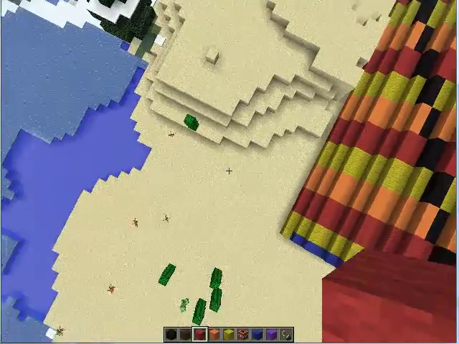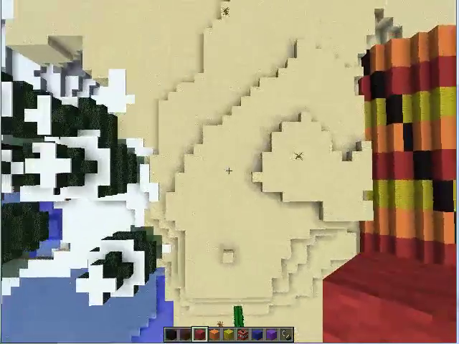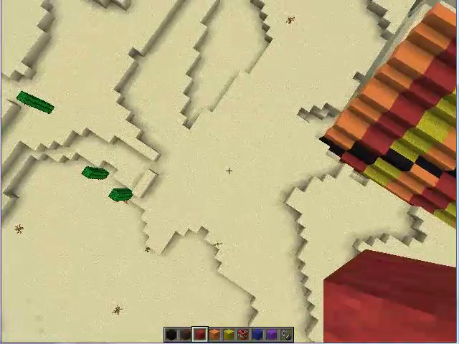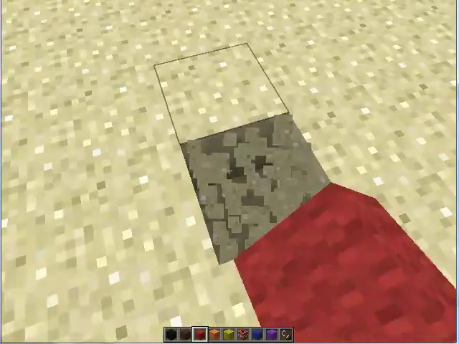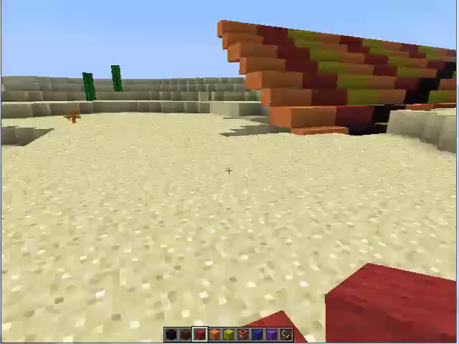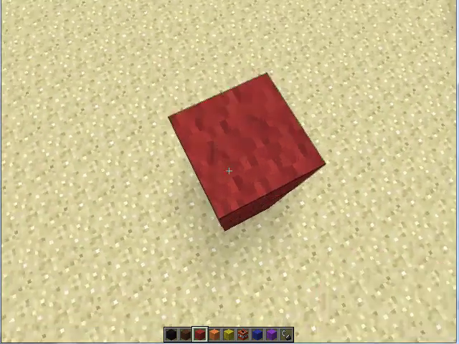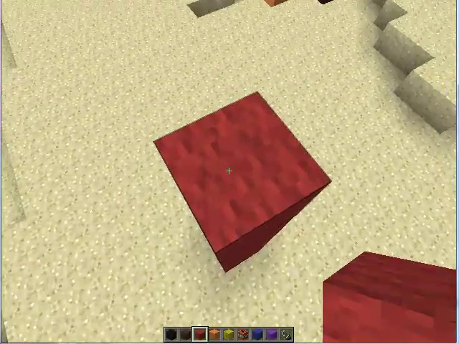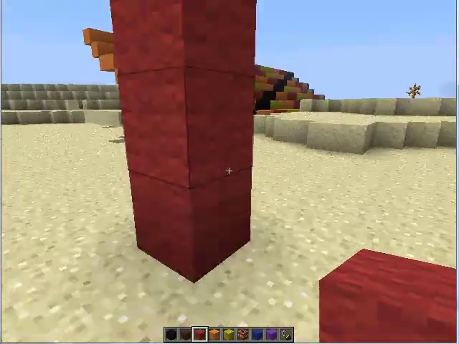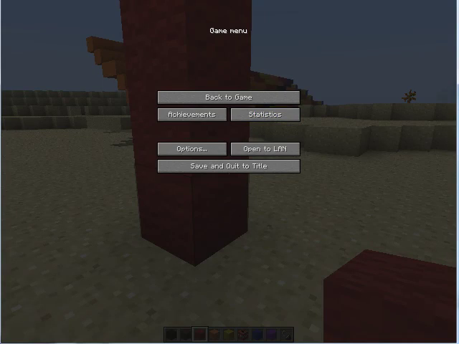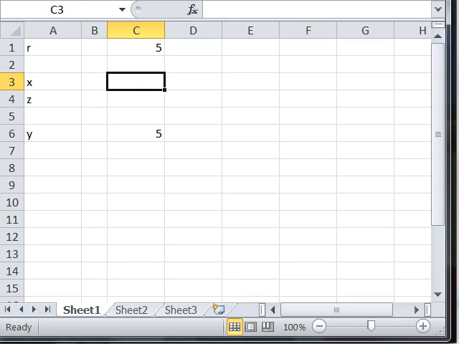Let's say we'll make our center here, this red spot, and this is 0, 0, 0. 1, 2, 3, 4, 5. This is going to be our top spot. Now let's see what the next spot is going to be.